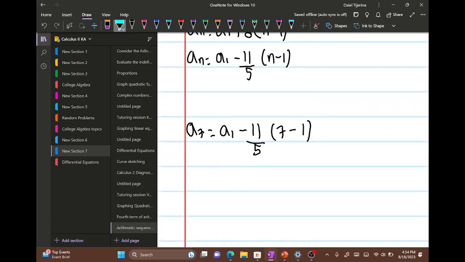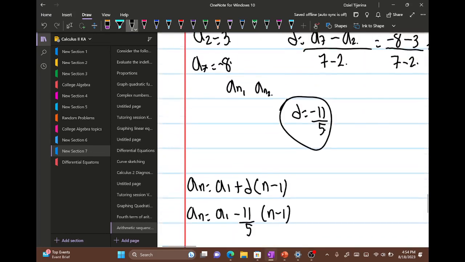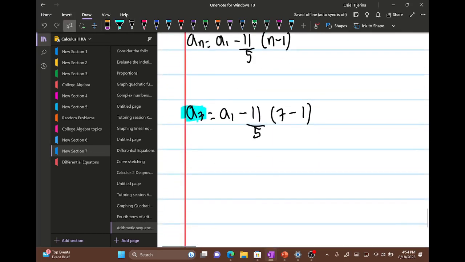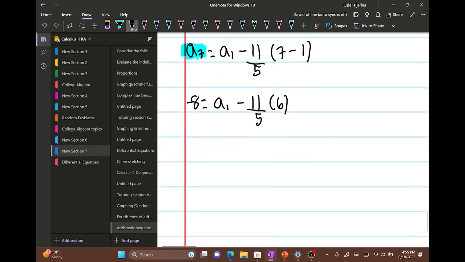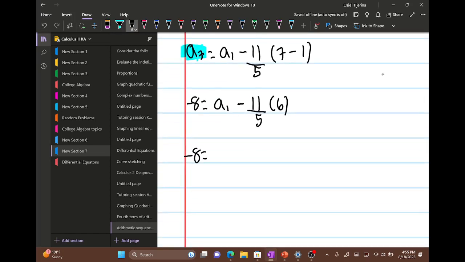I know that the 7th term is going to be negative 8. So negative 8 is equal to a sub 1 minus 11 over 5 times 6. So it'll be negative 8 is equal to a sub 1 minus 66 over 5.